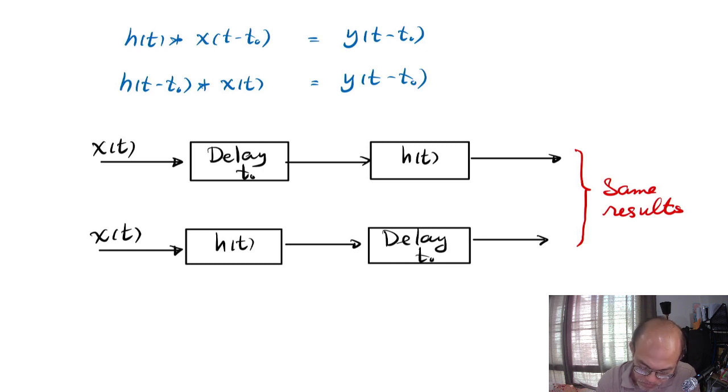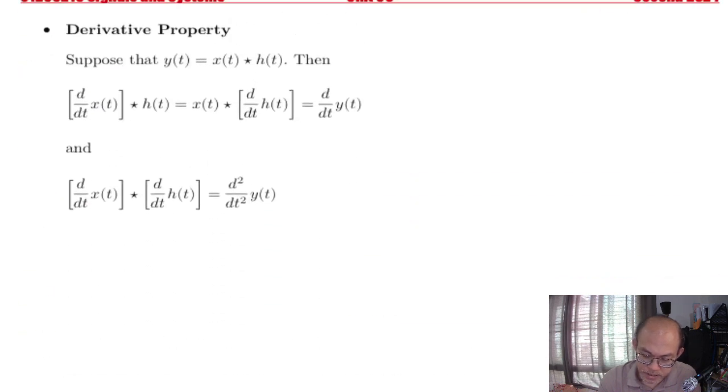Now, today we're going to talk a little bit more about additional properties of convolution integrals, which will be helpful when we perform convolution integrals. The next property is called the derivative property. Suppose that signal y is a result from convolving x and h together.